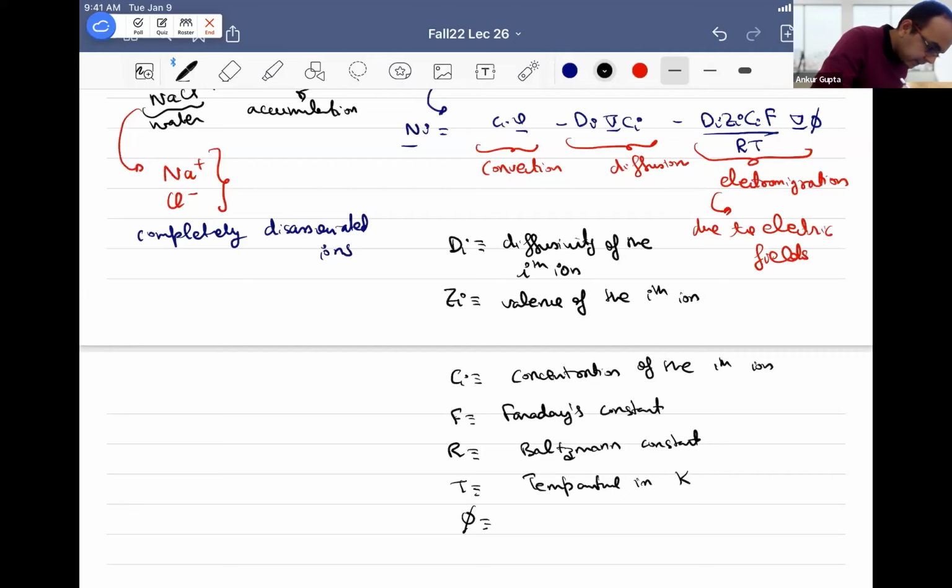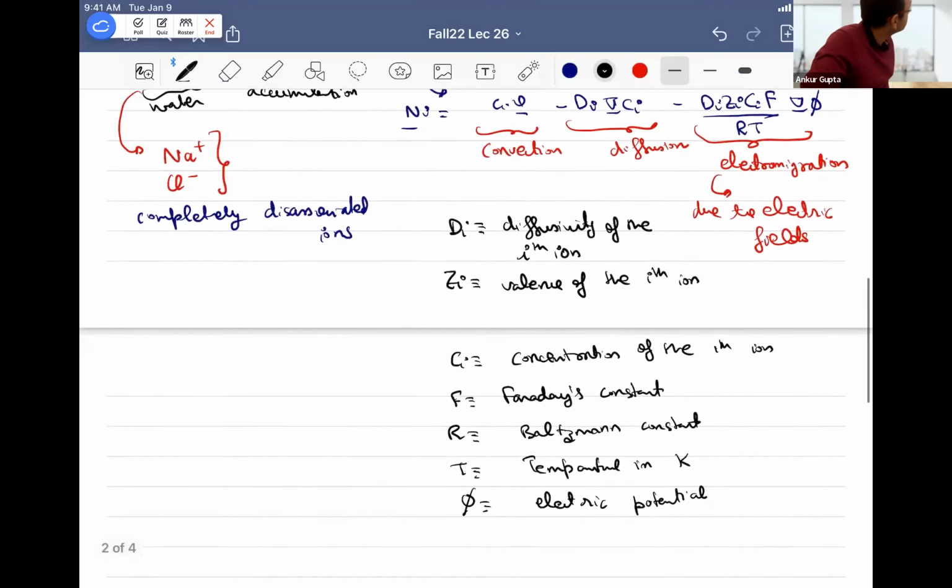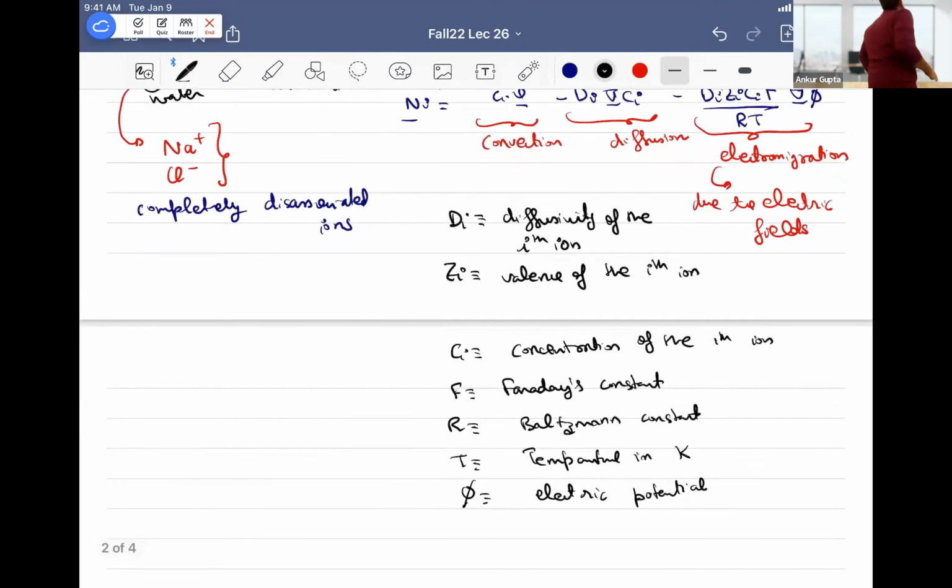And phi is the electric potential. Okay. So hopefully you can see it here. So this is essentially all the different symbols. Di is the diffusivity, which I had seen before, but just to recap. Ci is the concentration. Then we have added this valence of the ith ion. Then the Boltzmann constant, Faraday's constant, temperature in Kelvin, and electric potential.